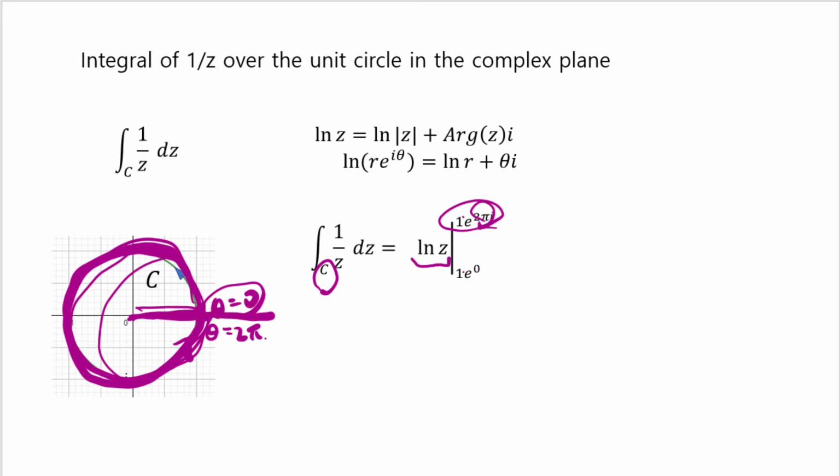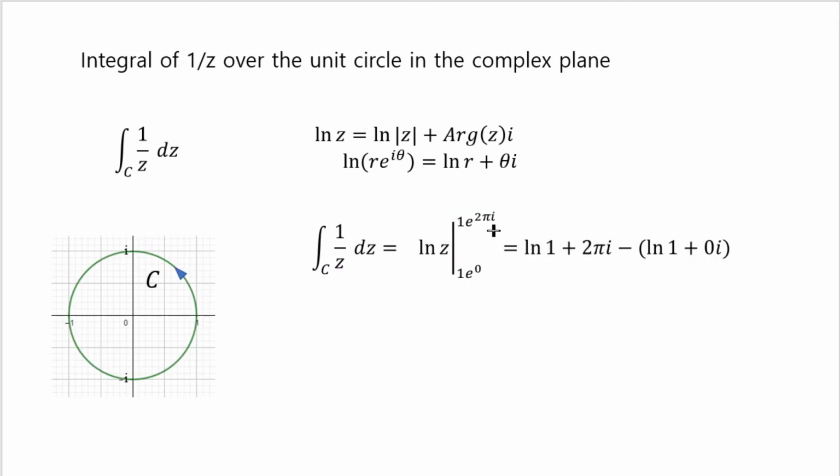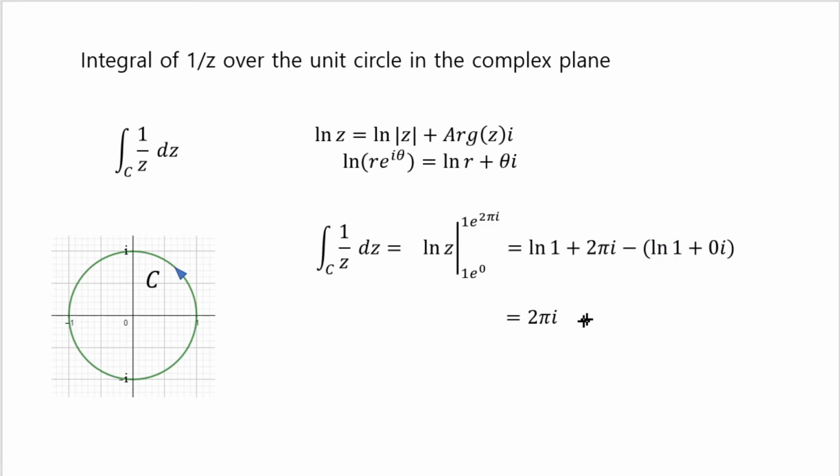If you do it this way, then you plug these into log, and using the formula above, it's log of r, but the r value is 1, so 1 goes here. And theta is 2 pi, as I explained. You need to use 2 pi. And then for this one, theta is 0, so it's log of 1 plus 0. Log of 1 is 0 anyway, but let's just say they cancel, and then this minus this simply gives you 2 pi i, exactly the same result as we did before.